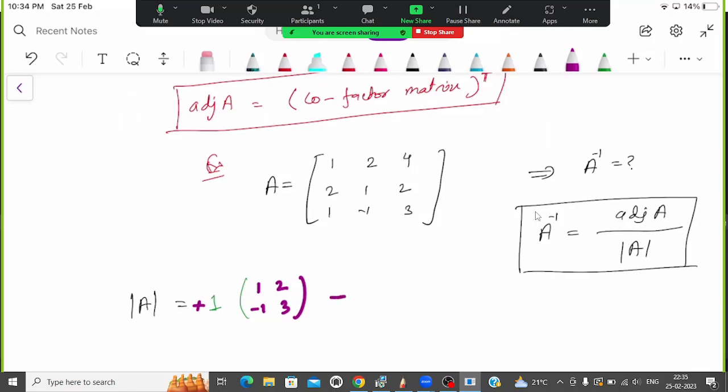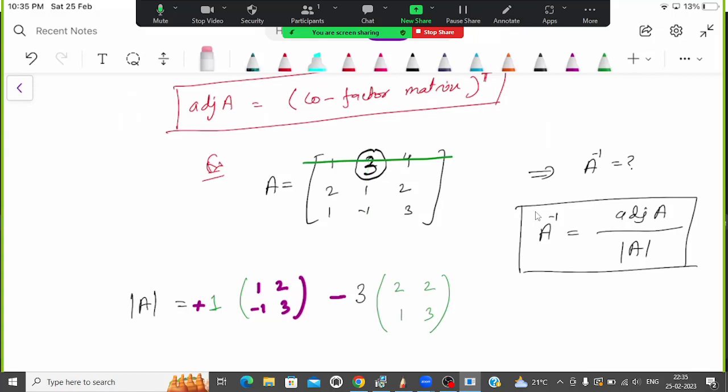Now write minus, and here it is 3. You write this element with a minus sign and hide this row and this column and write the remaining elements, which are 2 2, 1 3.